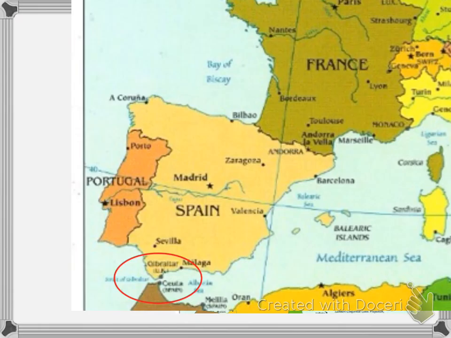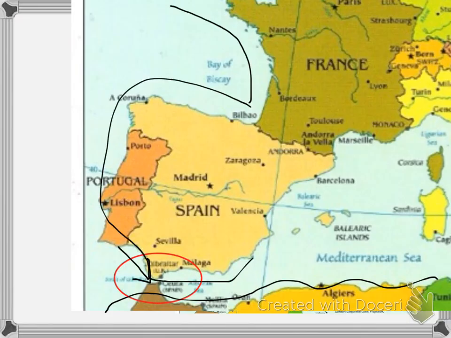And that particular section right there is called the Strait of Gibraltar. And it's a small section of water that does provide a small distinction between Africa, which is all of this over here, and Europe, which is all of this right here. So that does preserve our definition of a peninsula, which is that it is surrounded on three sides by water.